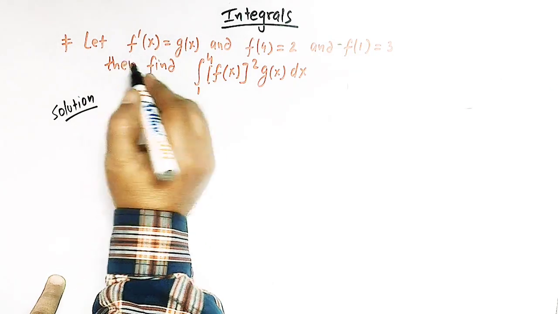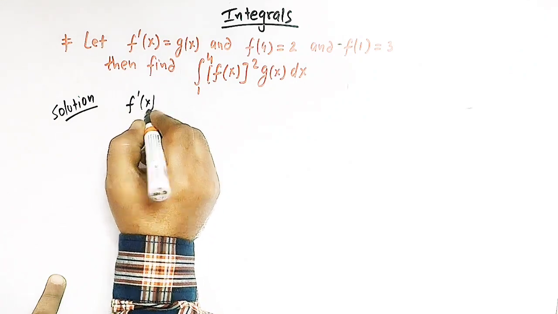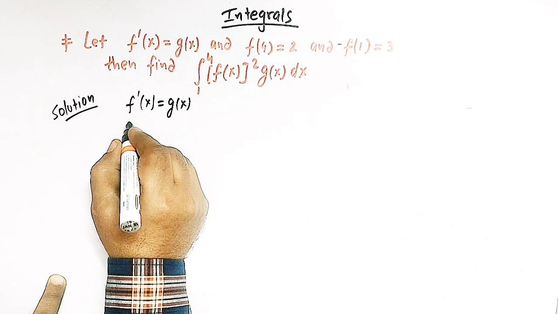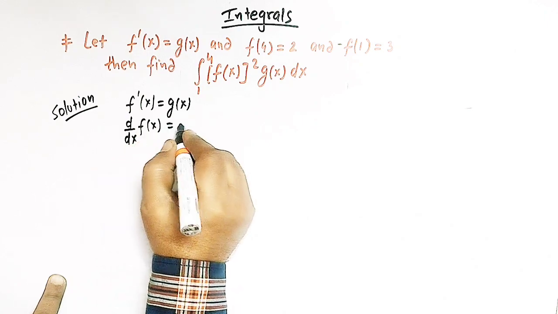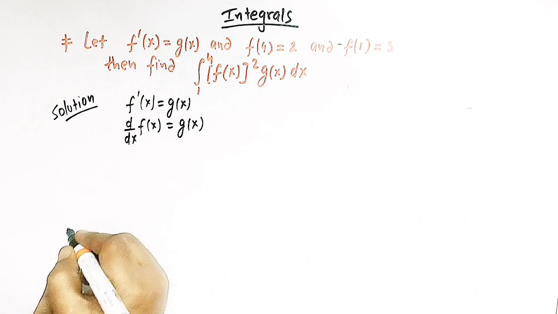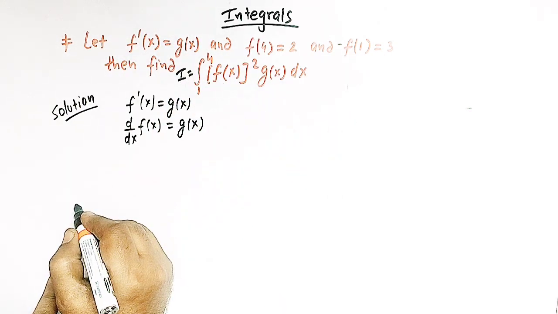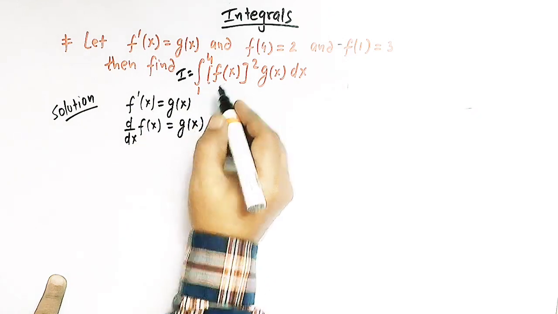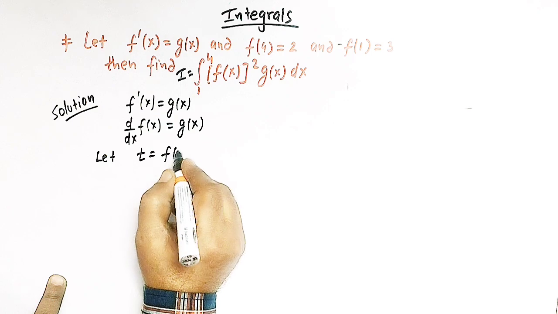So here we are given f prime of x is equal to g of x. So let us write this expression as d by dx of f of x is equal to g of x, and let us take this integral as I. Now here we will assume t is equal to f of x.